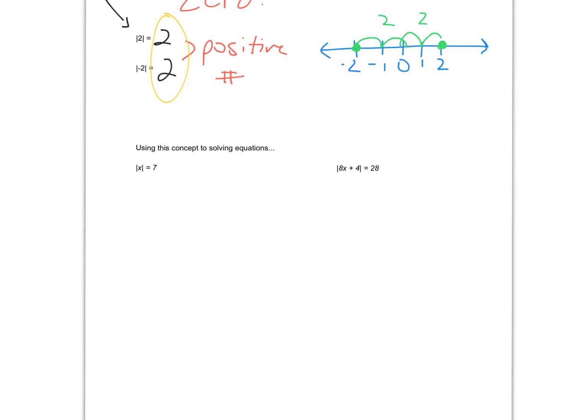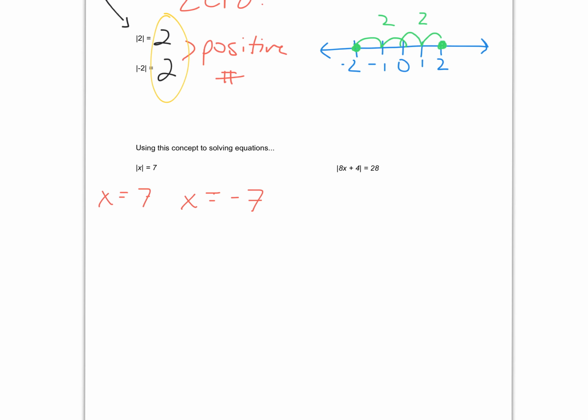So there must be 2 numbers that give us 7. The numbers would be 7 and negative 7. Because if I plugged in negative 7, the absolute value of that is 7. If I plugged in positive 7, the absolute value is 7.